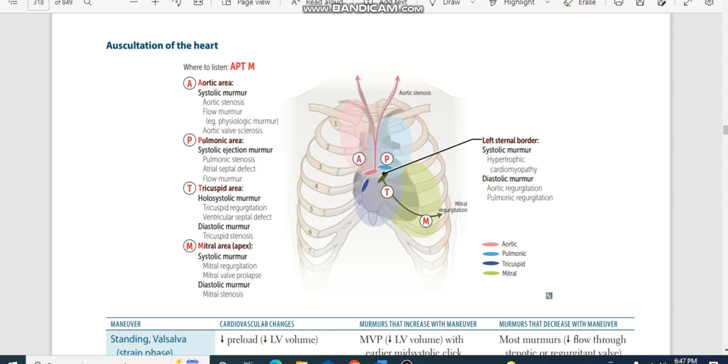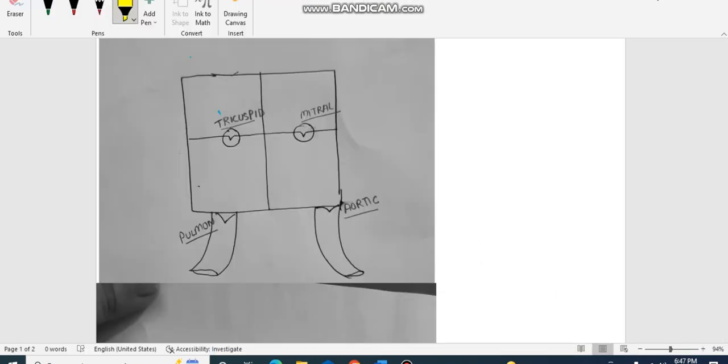Okay. Now, how to tell what type of murmur it is? Okay, just basic information. Number one, if I talk about the regurgitations, regurgitation is when the blood from the right ventricle goes back into the right atrium.